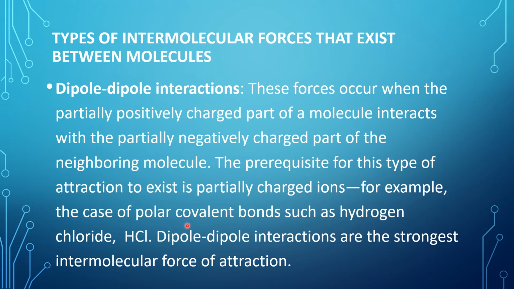For example, in polar covalent bonds such as hydrogen chloride, HCl, hydrogen is partially positive and chlorine is partially negative.